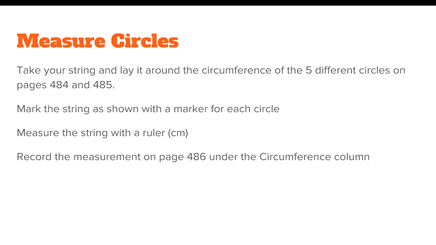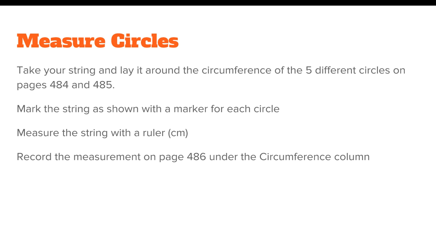And then you go to the next circle, which is a little bit bigger, put your string around the circumference, and then mark on the string where it ends. Then go to the third circle. Take your string, put it around the circumference, and then mark your string. So when you're done measuring all 5 circumferences of the circles, you should have 5 marks on your string.